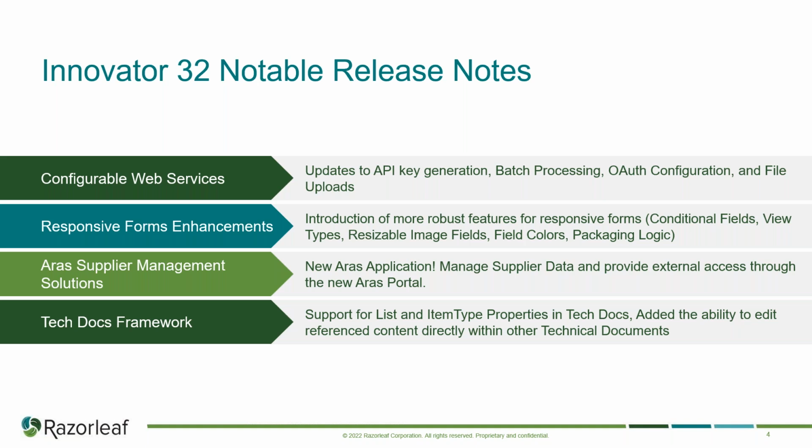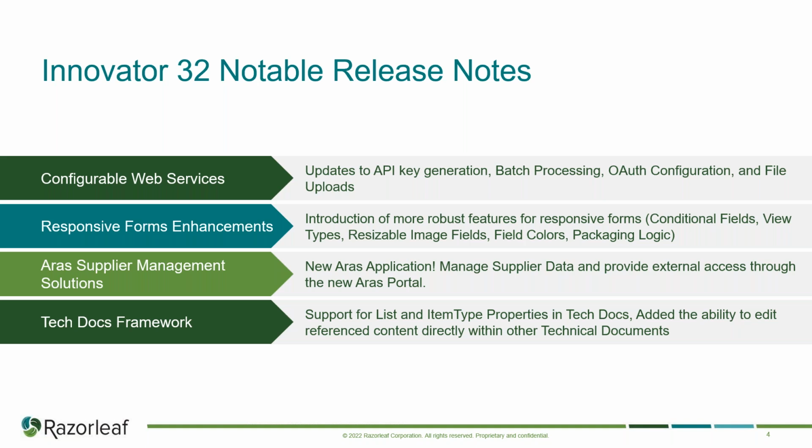Updates to API key generation are a little more versatile, and authentication isn't as difficult to set up for connecting to your Aras environment. We've added the ability to do batch processing, so we're not launching multiple jobs for something that can be handled by one. There are also updates to OAuth configuration, and things have gotten a lot easier around file uploads with this new update to Configurable Web.